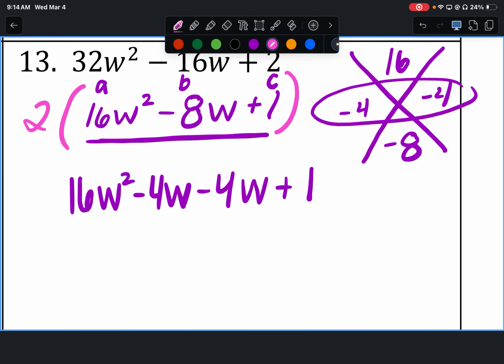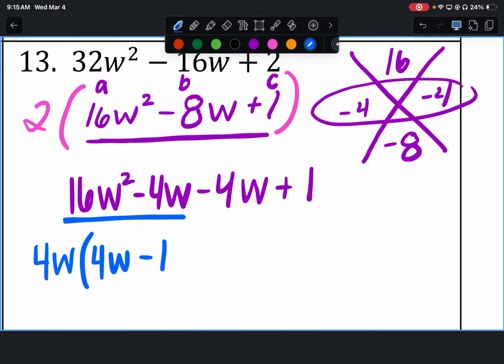Now we group. If we group the first two, what is our GCF? We can go bigger than 2. 4w. Okay, and if we take out a 4w, what is that going to leave us with? 4w. What is anything divided by itself? So that would be minus 1. All right, now for the second half, we are looking at negative 4w plus 1.